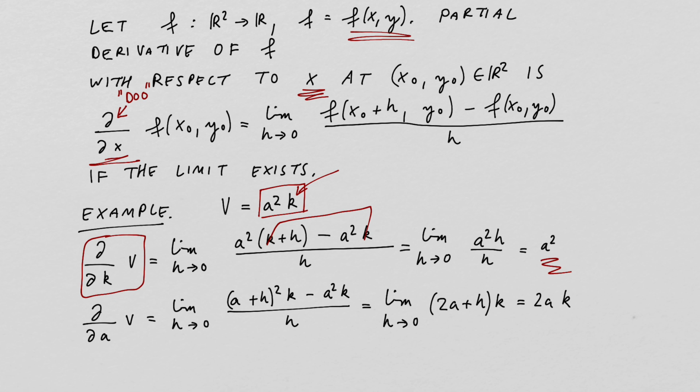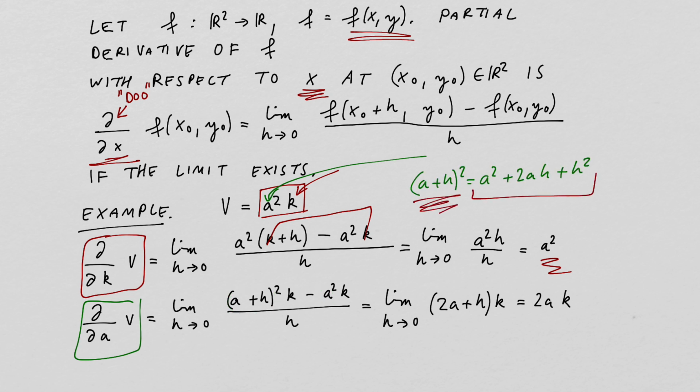On the other hand, let's calculate the partial derivative of the volume with respect to a. So now to the place of a we will put a plus h, and here no h, and we form this difference quotient and we should calculate. Well, a plus h squared is this one here, so it seems that a squared will cancel out.